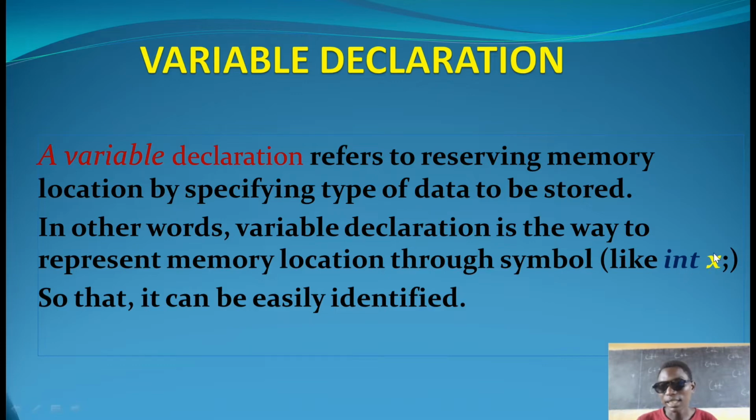As you see, x is the symbol that represents the memory location used to store data which is an integer, so that it can be easily identified. By using this symbol x, we can identify that location easily.